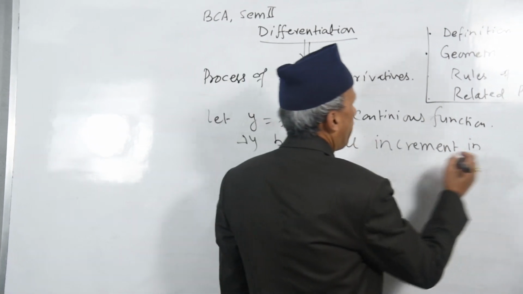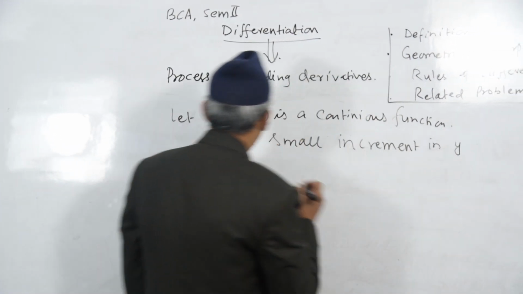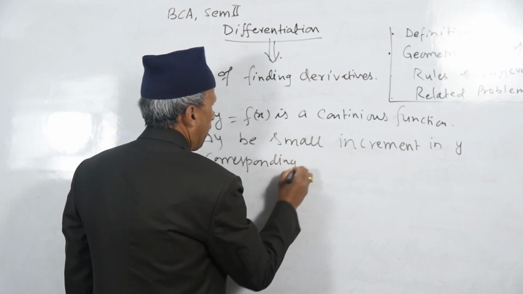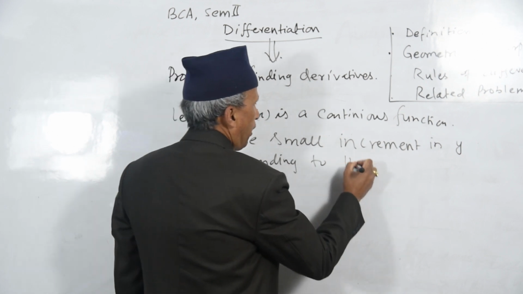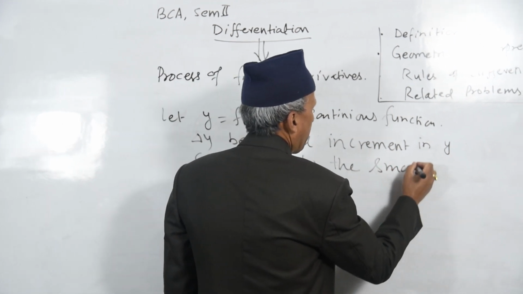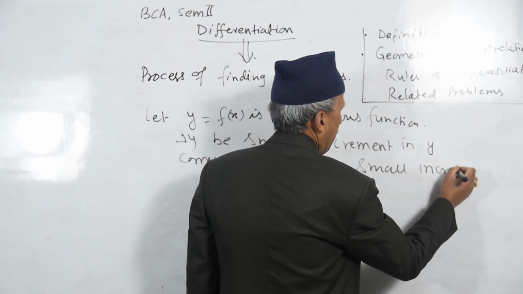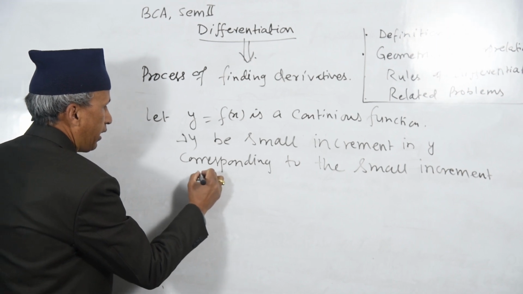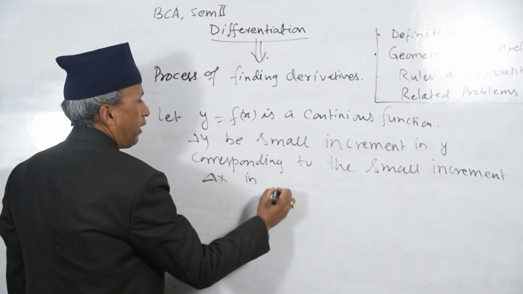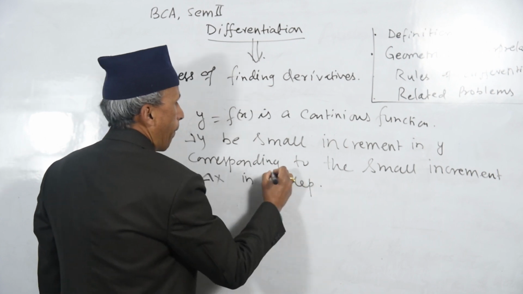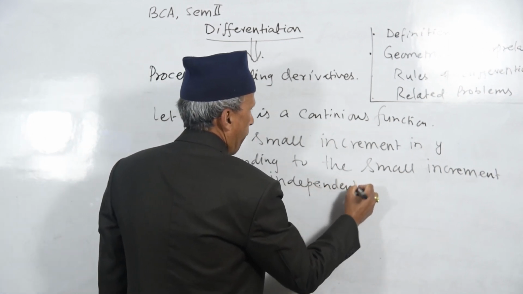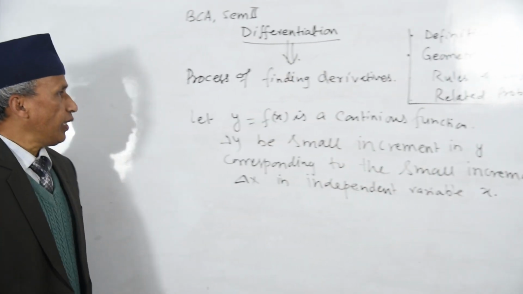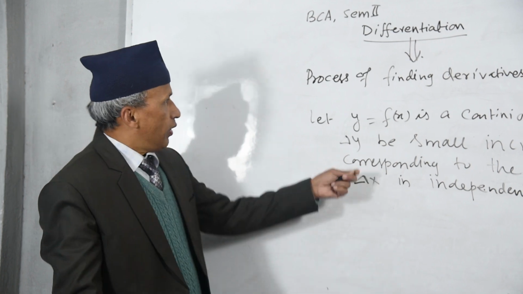Delta y is the small increment in y corresponding to the small increment delta x in the independent variable x.